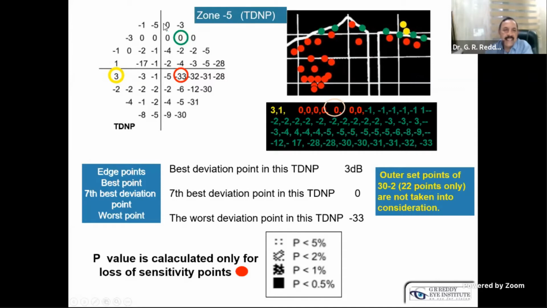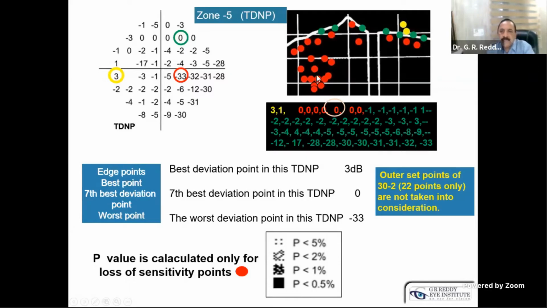In the total deviation numerical plot, if any point is better than normal, you put the best one first, in order. Then come the points on the normal slope of the field of vision. Then comes the deviation: if there is -1, you put -1, arranged in order. In this plot, the best point is +3 and the worst point is -33, and you count to get the 7th best deviation point.